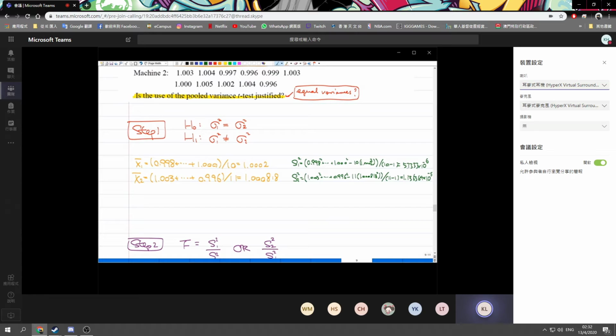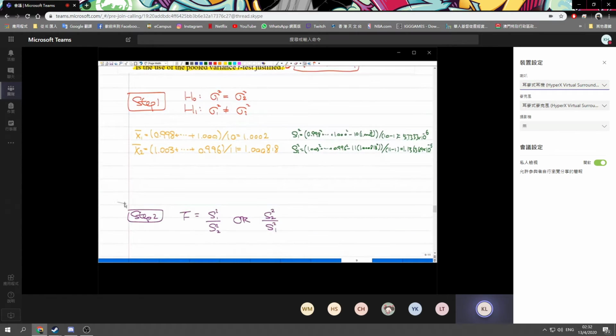So now at this point, you can tell which version you should use. To make the F statistic greater than 1, we have to put the second variance in the numerator because the second one is larger. So in this case, we take this one instead.